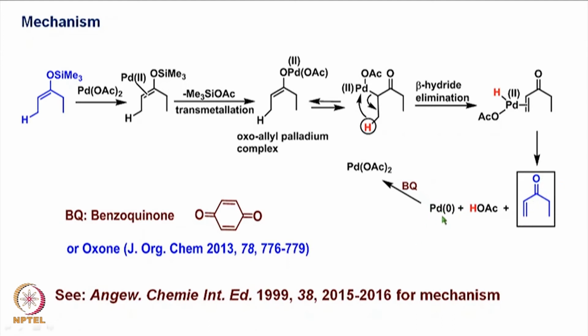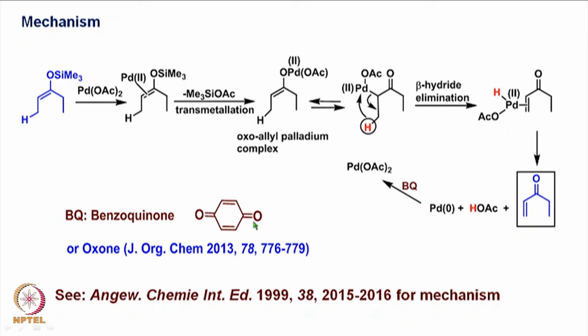Now this palladium 0 then undergoes oxidation to palladium 2 with benzoquinone, which is used in stoichiometric amount, and thus this reaction is essentially catalytic in terms of palladium salt and stoichiometric in terms of co-oxidants such as benzoquinone.